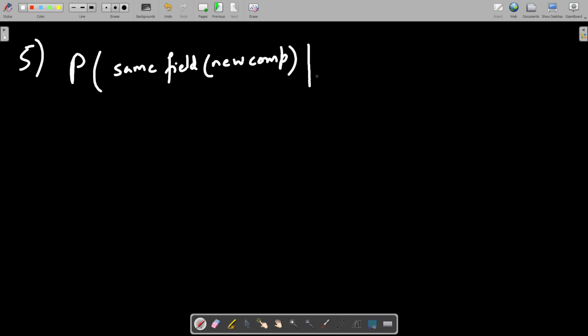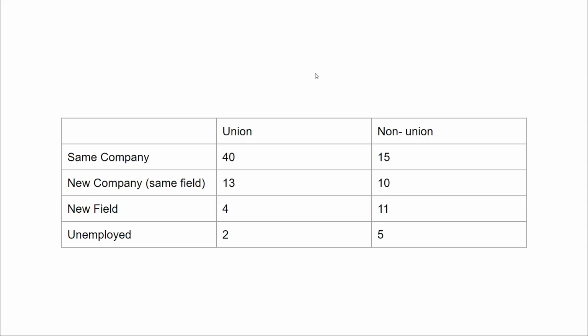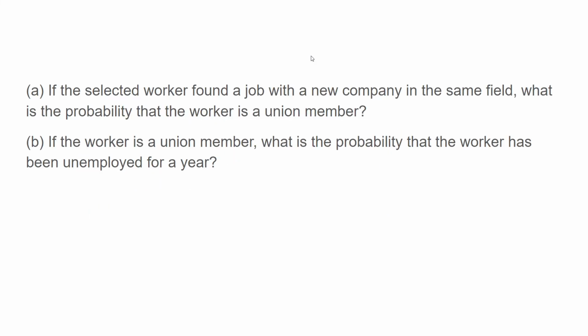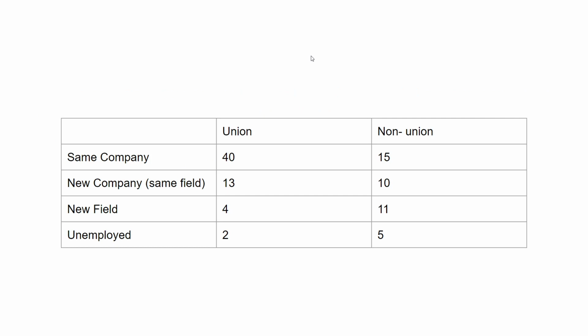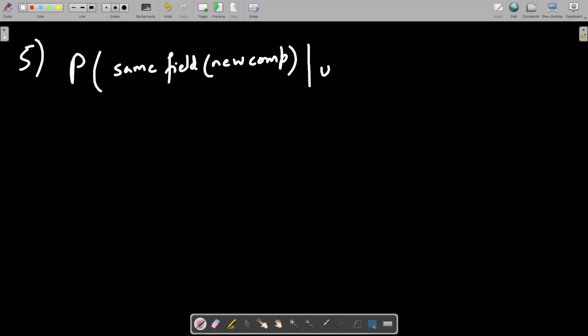Given that he's a, wait, which way I wrote it? Just hold on. He's a union member. Oh, sorry, I got it wrong. I wrote it wrong, but just hold on.